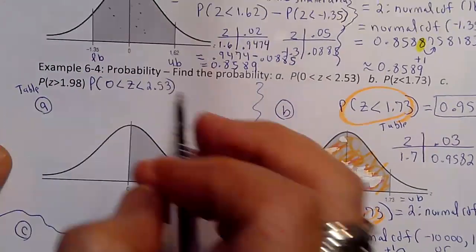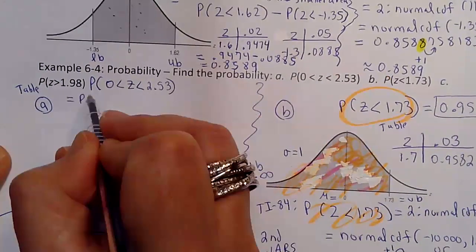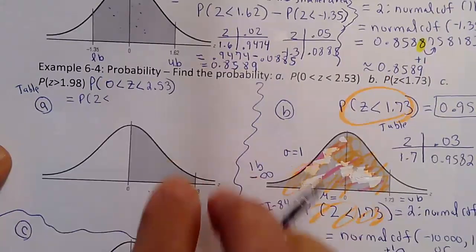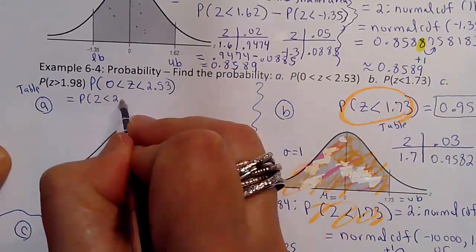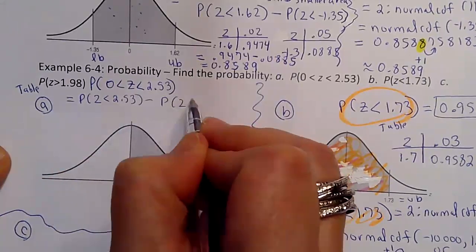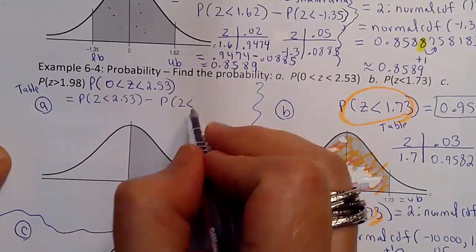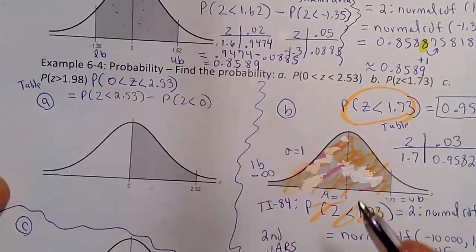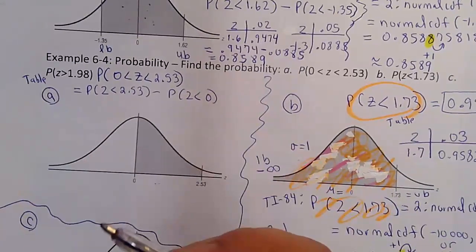That's equal to the larger area, Z is less than 2.53, take away the smaller area, Z is less than 0. Then we look these up on their respective tables.